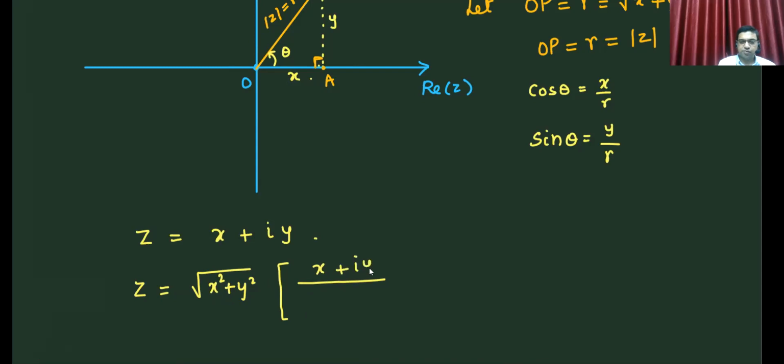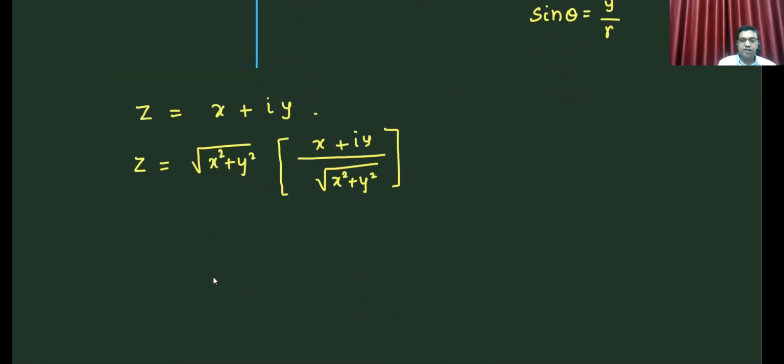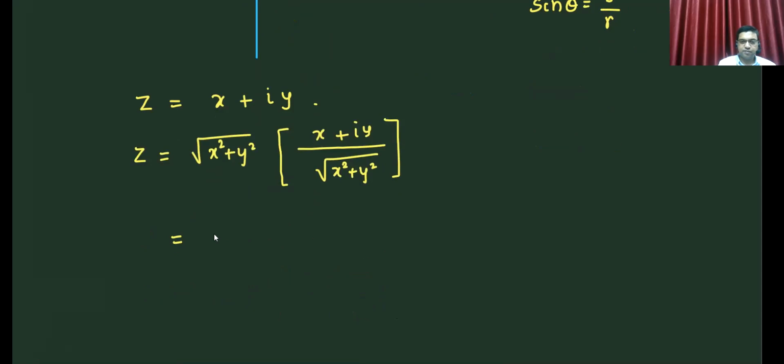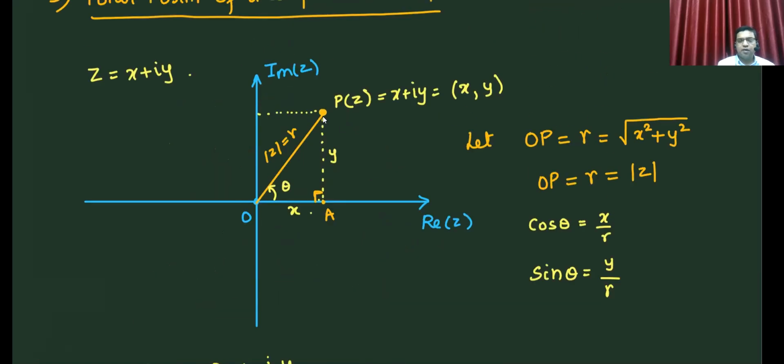In effect, I am dividing by r. x plus iy upon r, the modulus. So I get r times x upon r plus i times y upon r. Now, no matter where the point is: if x and y are both positive, it will be in the first quadrant. If x is negative, y is positive, second quadrant. If x is negative, y is negative, third quadrant.